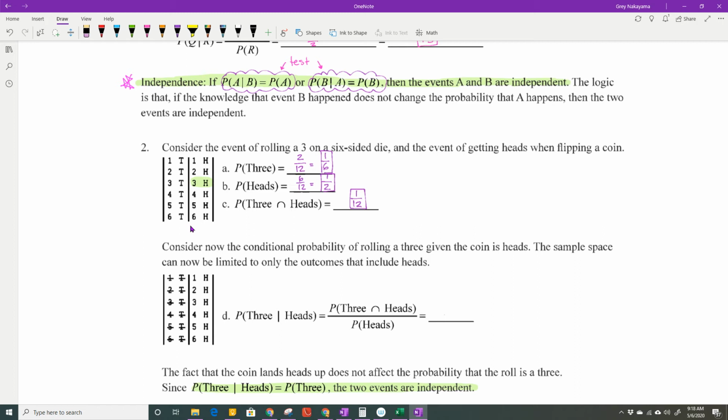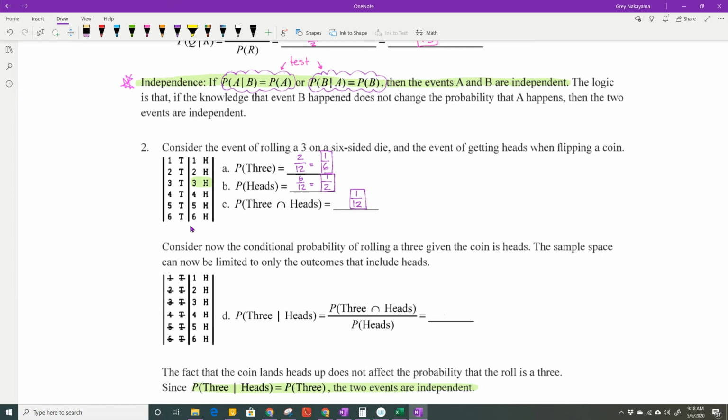Okay, so now we're going to consider the conditional probability of rolling a 3 given the coin is heads. So the sample space, if I'm given the coin is heads, that means I have to have a heads. So my sample space now, I only have 6 outcomes here.